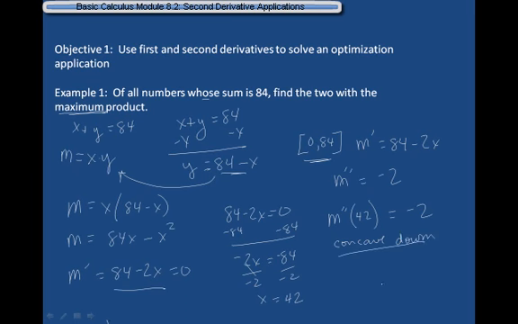Then if it's concave down, this value is going to be a maximum point. So we have a max at x equals 42. And if our sum has to be 84 and x is 42, then y will be equal to 42. And so 42 times 42 would be the maximum product.